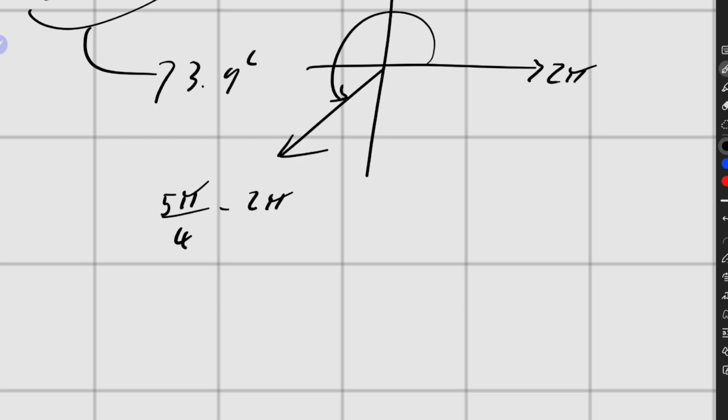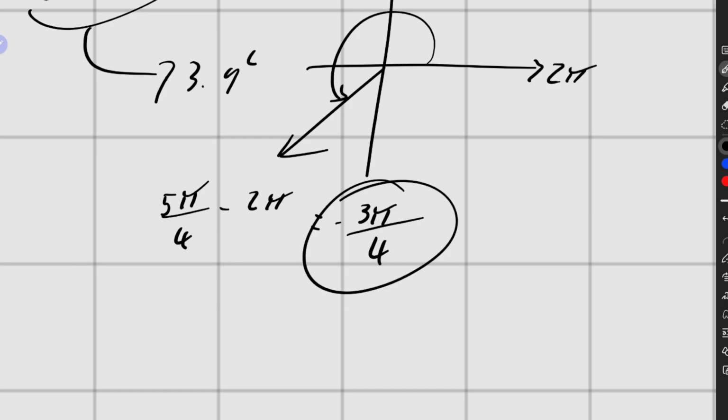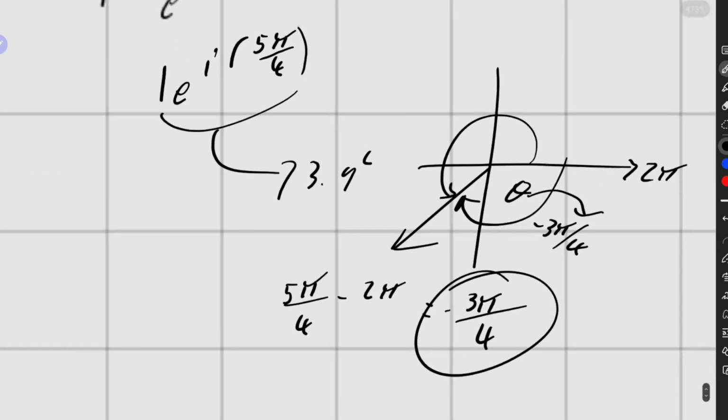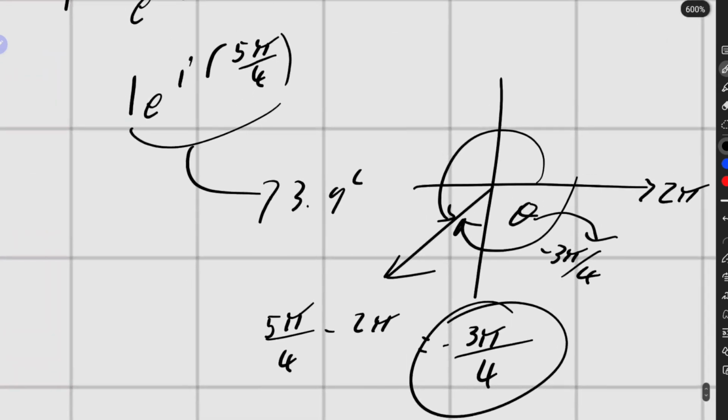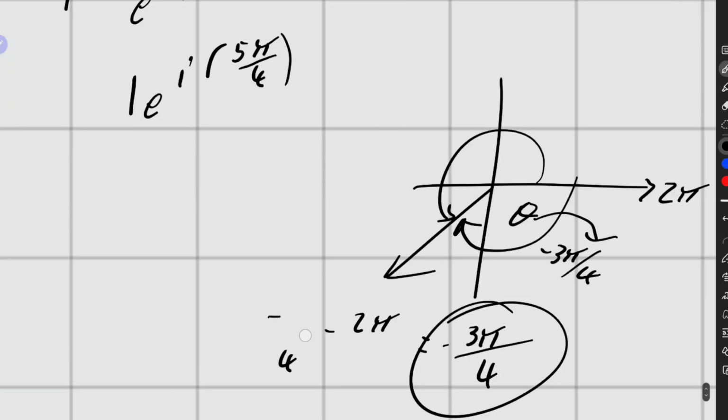And this is equal to minus 3 pi on 4. So that is your angle. It's equal to theta. Alright? Because it has to lie in the domain of pi to minus pi. So you get minus 3 pi divided by 4.